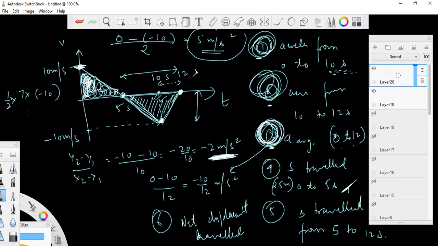So I think this is your answer. Is that right? Yes, sir. And to find the total displacement, net displacement traveled, what is that value? I think this value. Yes, sir. Is this clear to you? Is this very clear to all of you? Yes, sir. Okay.